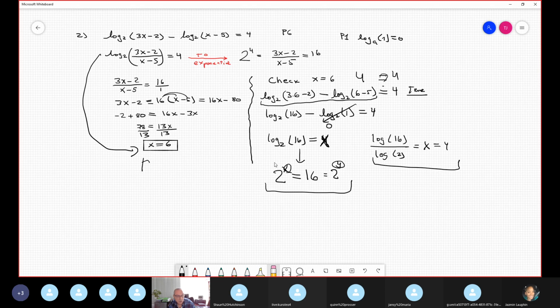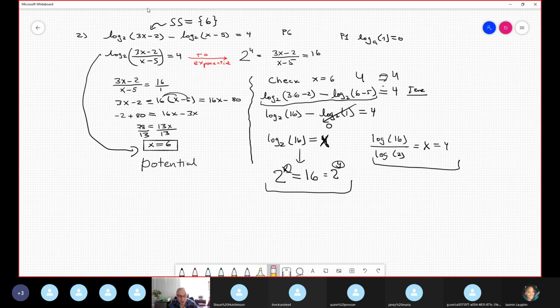We got the potential solution, and now I need to verify the potential solution in the original equation. I verify it's true. If it's true, okay, happy. The solution set for this equation is 6.